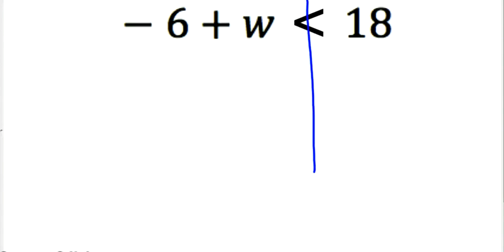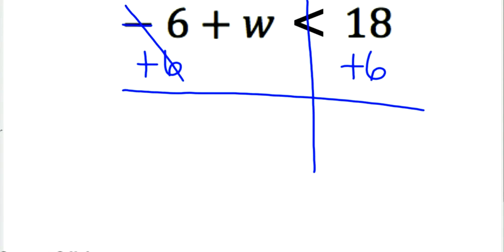Drawing my vertical line, the opposite of negative 6 is positive 6. So I'm going to put positive 6 or add 6 on both sides. Negative and positive 6 cancel. I have W is less than 18 plus 6, which is 24.